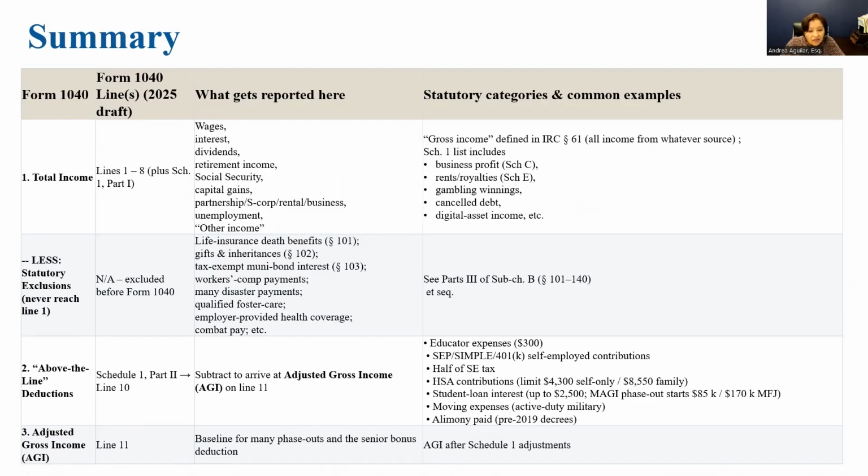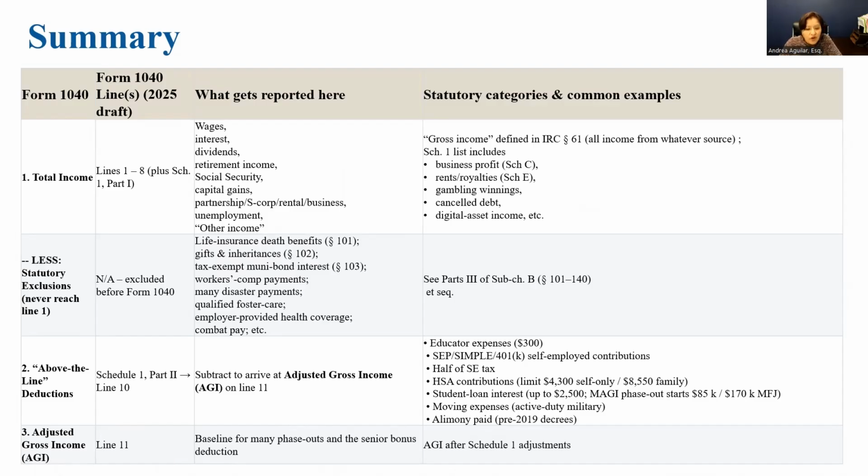Then you have the opportunity to subtract or apply certain deductions. Those are the famous above the line deductions. And we're talking about the educator expenses, just up to $300, self-employed retirement contributions, half of your self-employment tax is also an above the line deduction, HSA contributions, student loan interest that you have paid, moving expenses, alimony paid, but that is just for tax years before 2019.